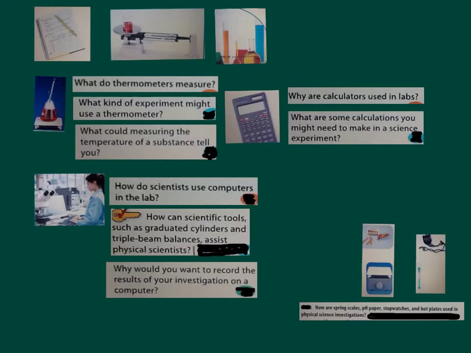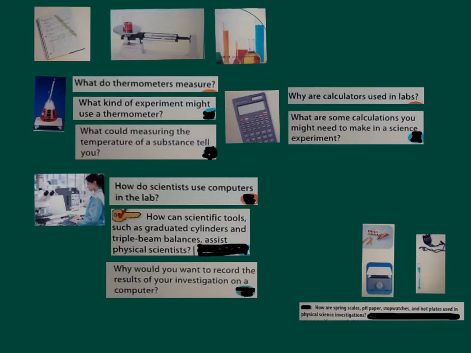Okay, so now we want to talk about scientific tools. As you conduct scientific investigations, you will use tools to make measurements. The tools that I'm going to show you are some of the tools commonly used in science. Not all of them, but commonly used ones, things that you're going to probably see as we go through this year in science.